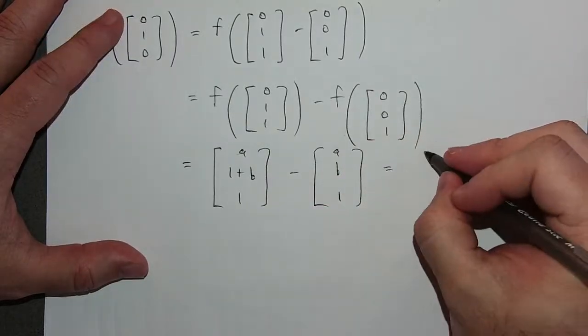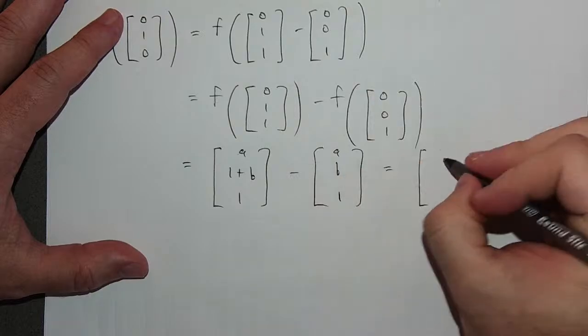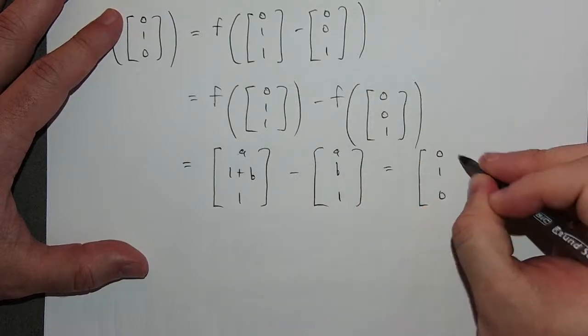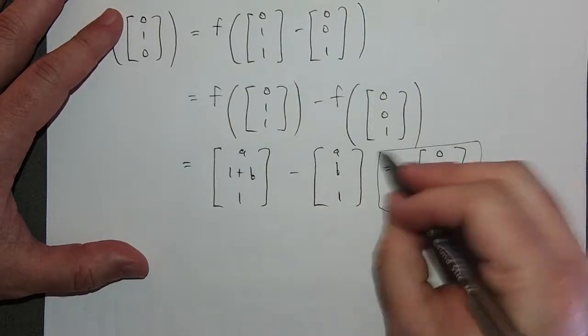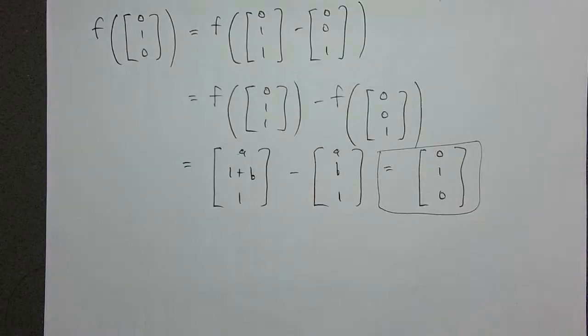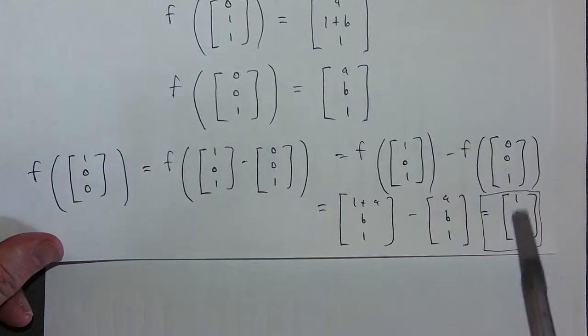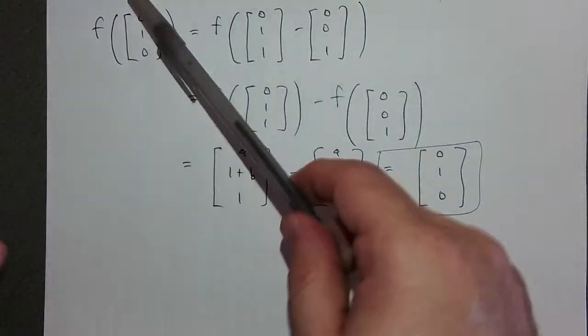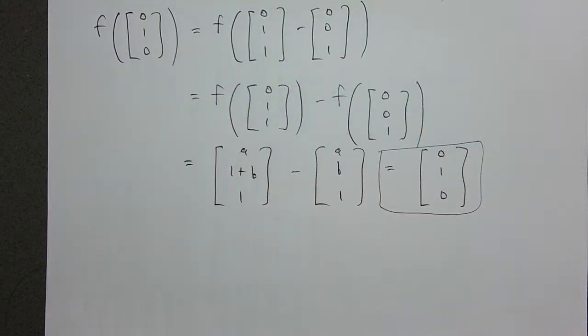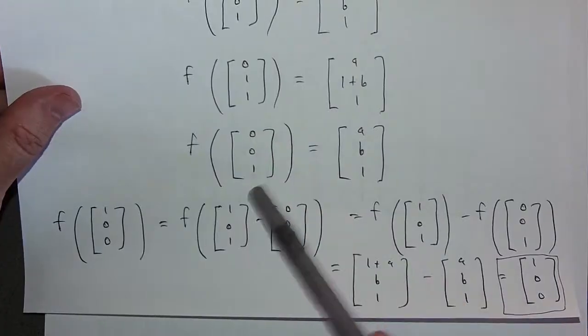Which gives us (0, 1, 0). So this f is going to send (1, 0, 0) to itself, (0, 1, 0) to itself, and we know that it sends (0, 0, 1) to (a, b, 1).